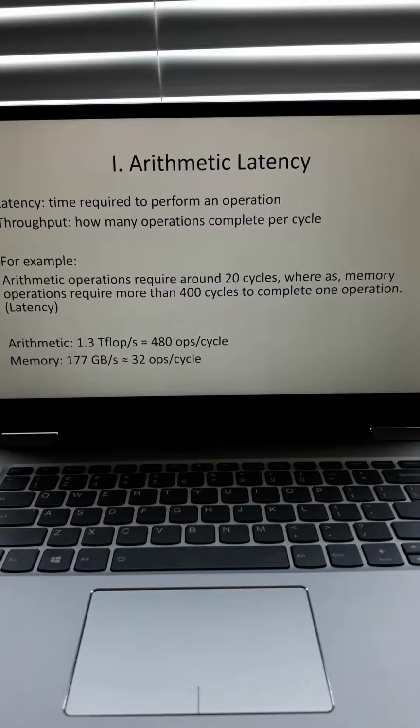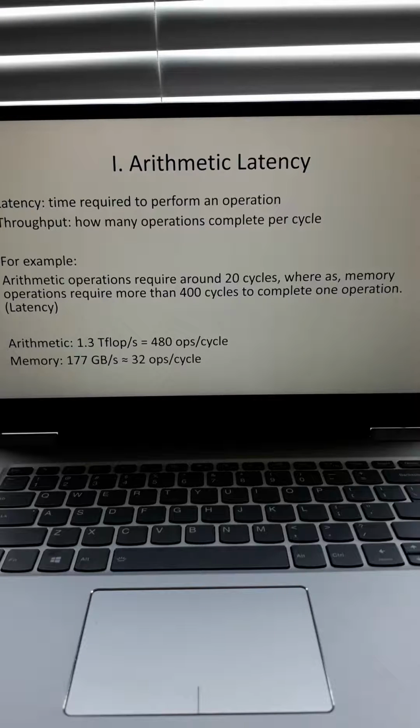Before starting, let's be clear that latency and throughput are not the same thing. Latency is the time required to perform an operation. Throughput is the number of operations completed per cycle. So where latency is the time, throughput is the rate. For example, arithmetic operations require around 20 cycles and memory operations require around 400 cycles or maybe more to complete one operation.